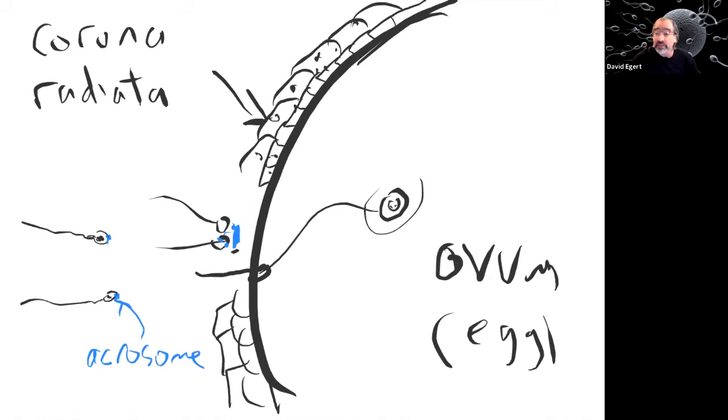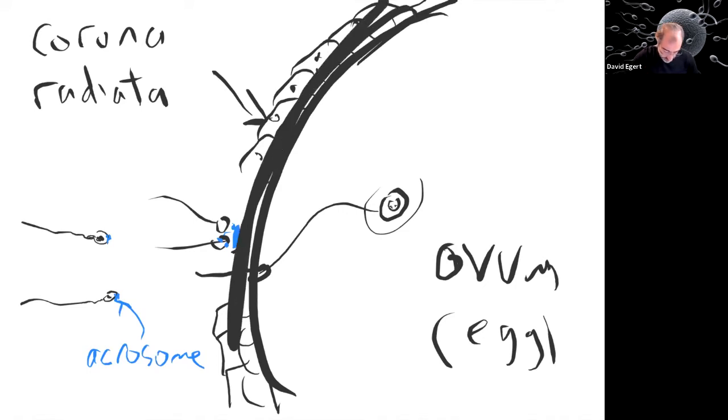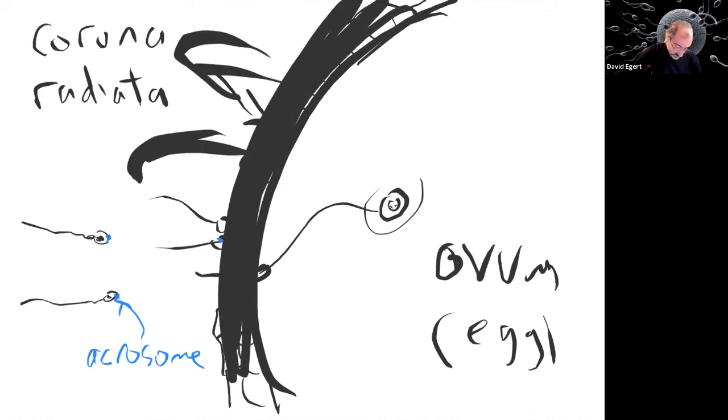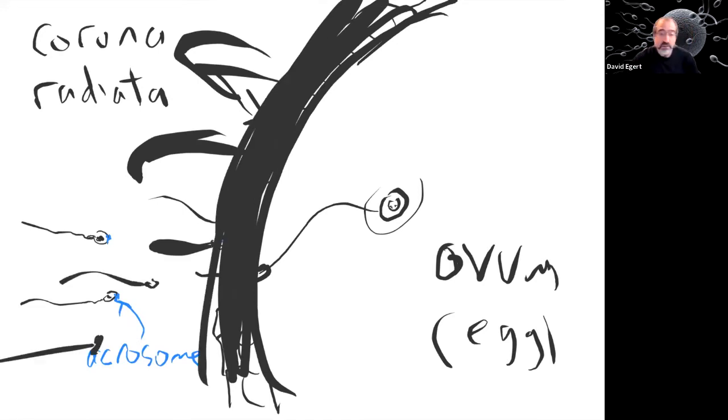Once that happens, there's all these things we call blocks to polyspermy. Once one sperm actually successfully fertilizes, there are all of these processes that happen. I'm not going to go into them. There's basically this membrane that hydrates and actually just pushes off all the other dudes, and they're like, dough. So yeah, once one gets in there, everyone else gets pushed away.